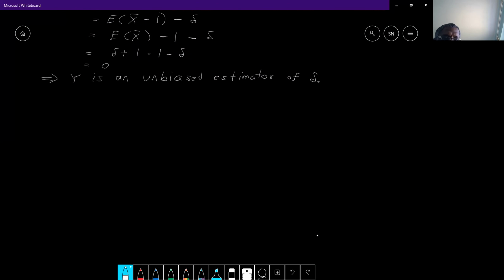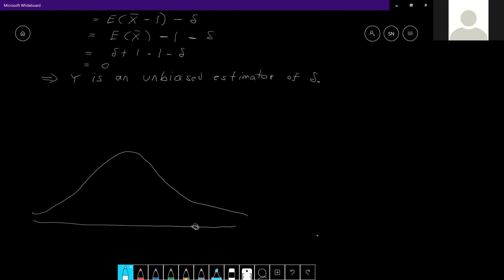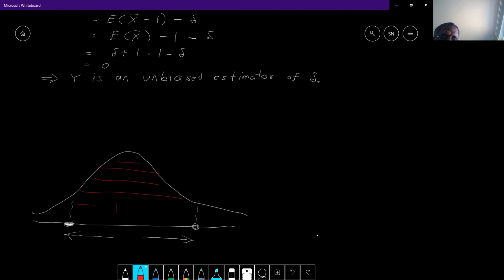Okay, so if you want a confidence interval, right? Suppose this is the density of some distribution. It can be, for example, the normal distribution. The confidence interval is basically the interval from this point to this point, so that the area between these 2 points is equal to 1 minus alpha. This area must be 1 minus alpha.